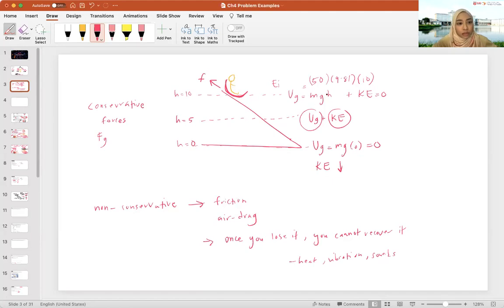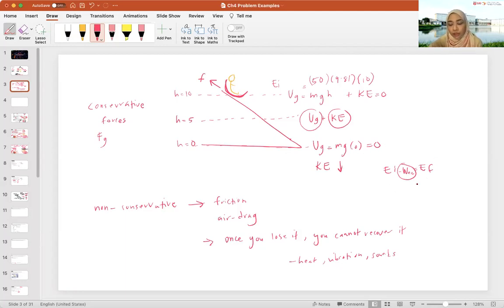Therefore, our EF will also be lower. Minus non-conservative work done. So it will reduce because our energy is subtracted by the work done by friction. So we are losing energy.